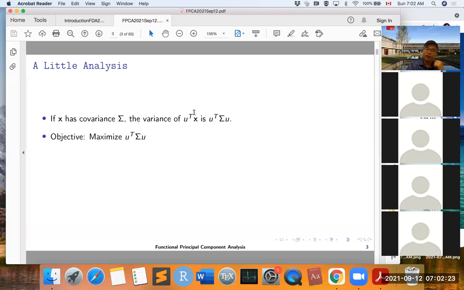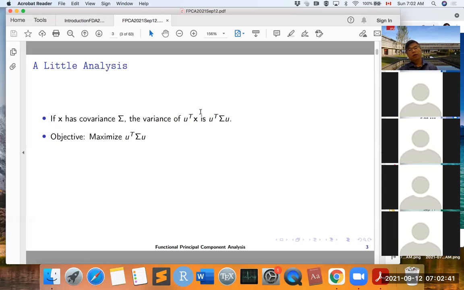The projection will be the inner product between u and x, so it will be u transpose x. This is the projection of the data x on the direction u.